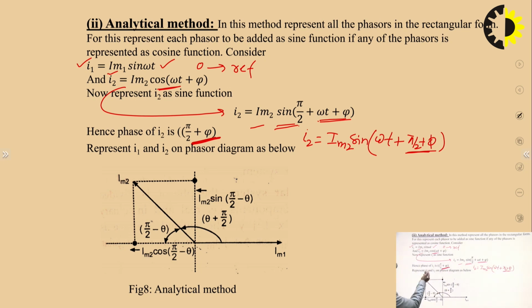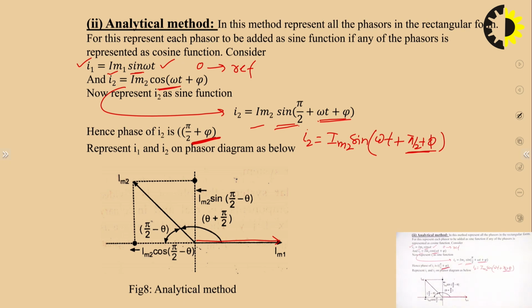Now to find the resultant of these two with the help of the analytical method, we draw their phasors. Suppose I1 is this one; its peak value is Im1 and phase angle is 0, so this quantity lies along the x axis with peak value Im1.